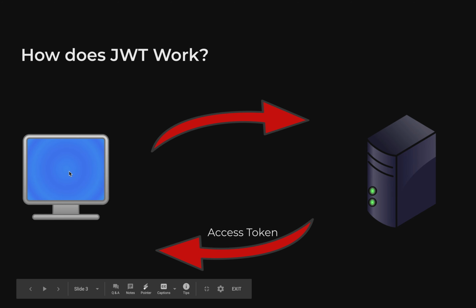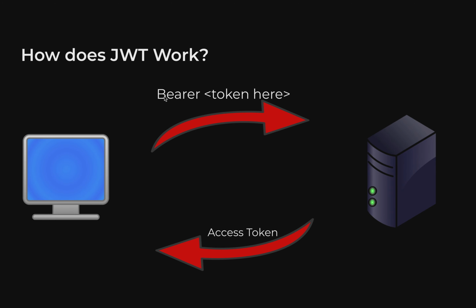Whenever they go to that /login route, they're going to have to send bearer and then the token here. Bearer is a token format, and along with that request to the login route, they have to send over the access token they got from registering. That access token is going to allow them to view all the routes once they log in.